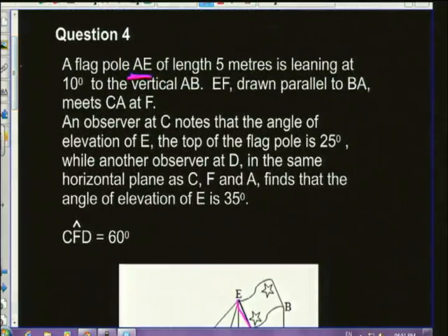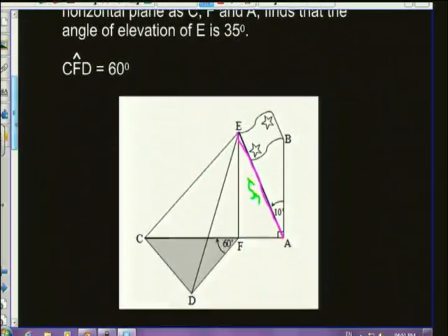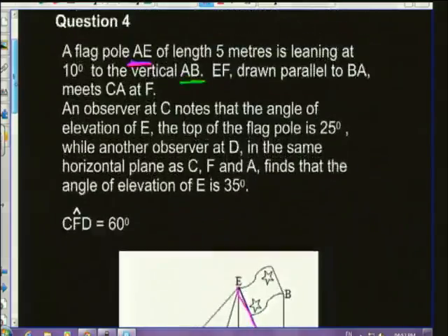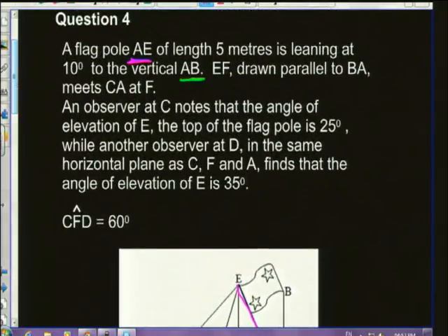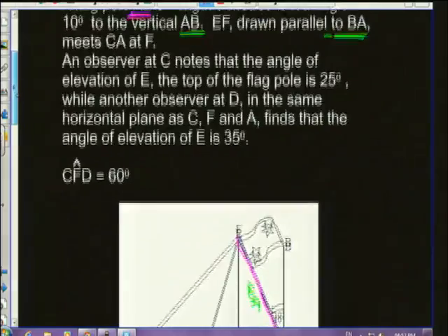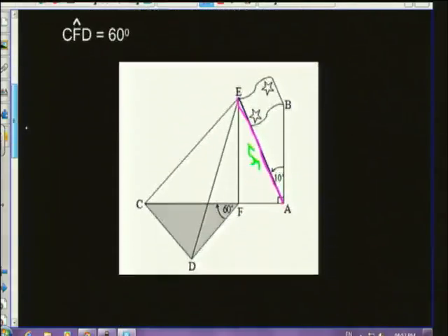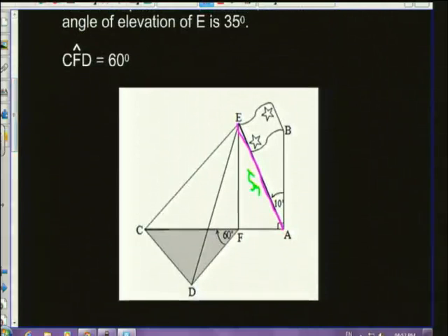It is leaning at 10 degrees to the vertical AB. So there is the vertical AB, and then we've got 10 degrees there, and EF is drawn parallel to AB and meets CA at F. So this EF is parallel to your AB.